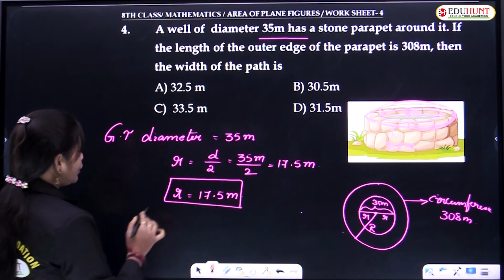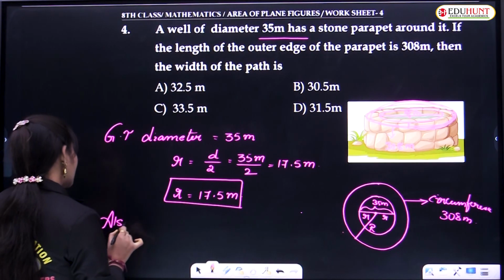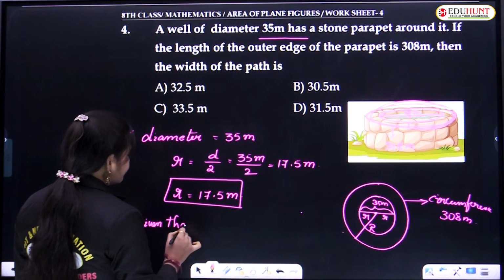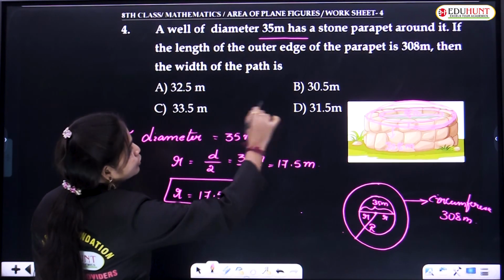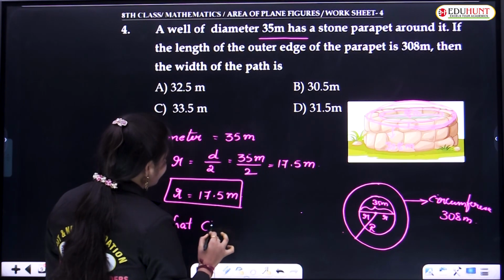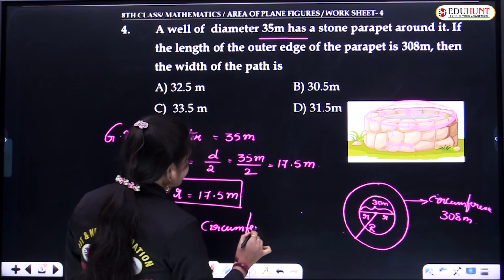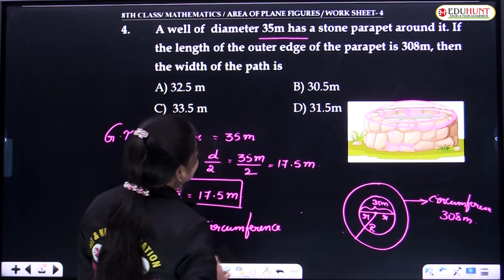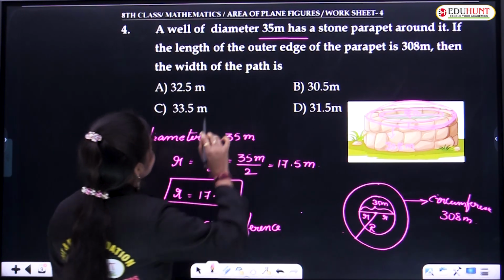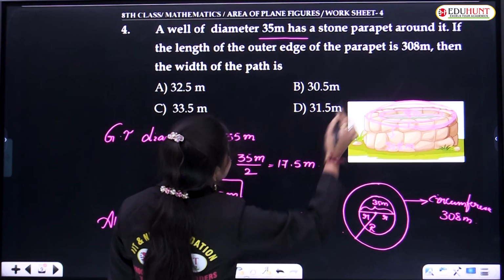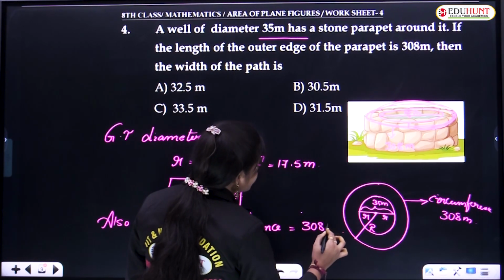Now capital R we need to find out. Also given is the total circumference, the circumference of a circle. How much have they given here? The circumference, the length of the outer edge, is 308 meters.